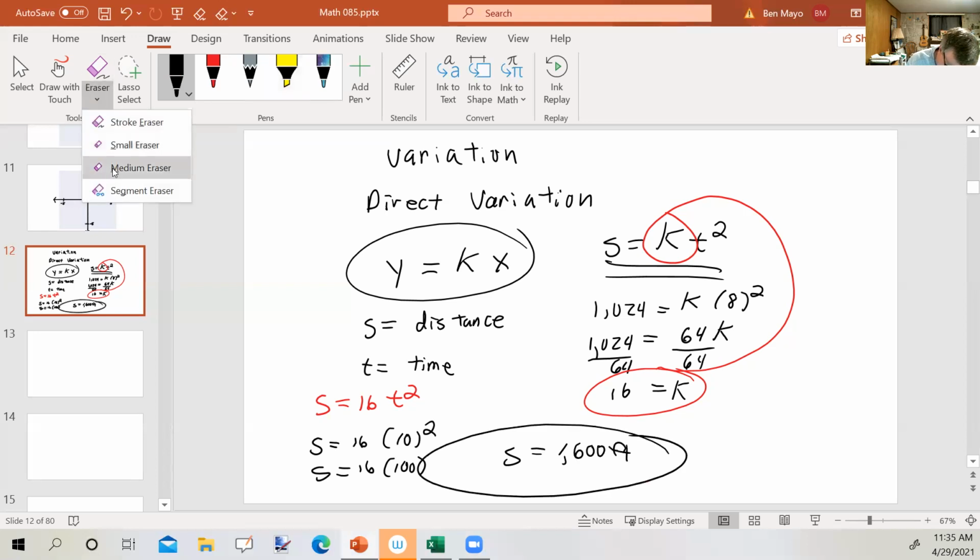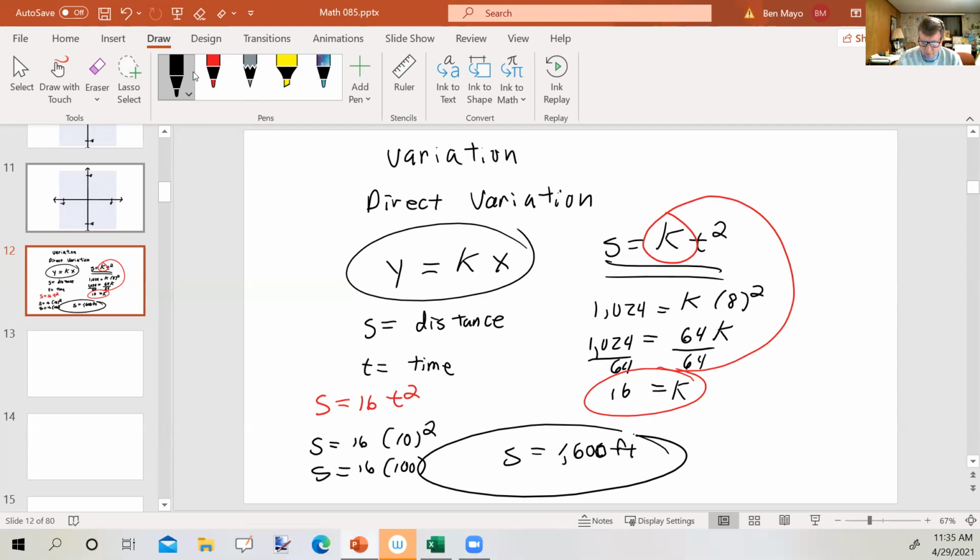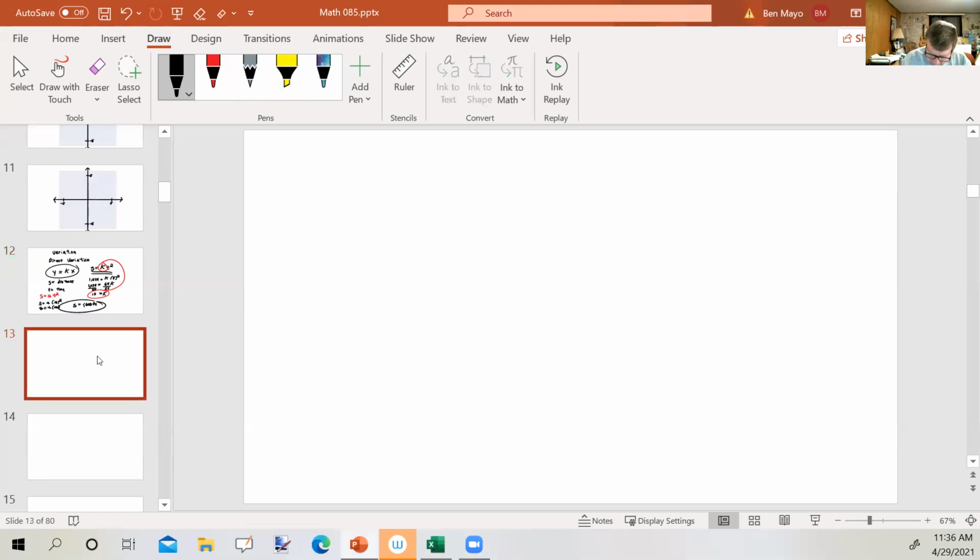So our final answer would be 1600 feet. All right, so that's direct variation. Y equals kx. X and y go up together, they go down together. Next type of variation is called inverse variation.